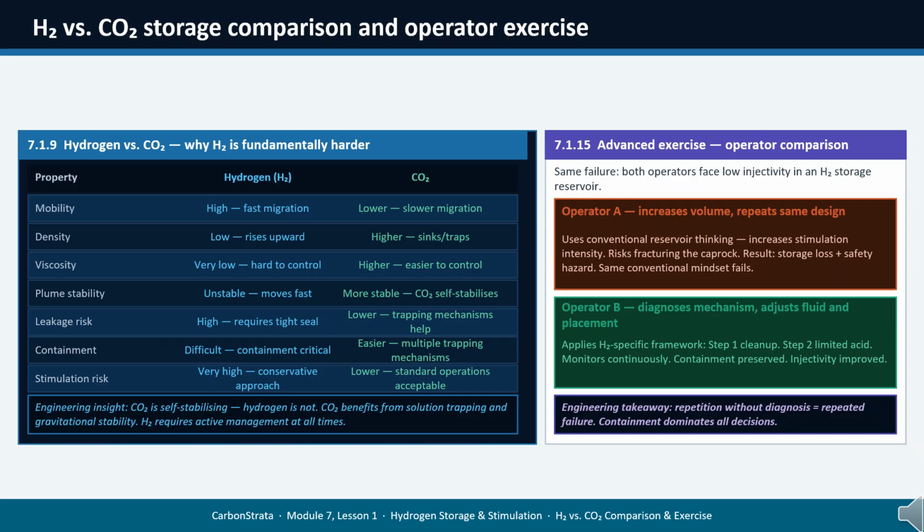It is method. One approach increases intensity. The other controls the system. This leads to a final rule. If you repeat a treatment without understanding the cause, you will repeat the failure. Final principle. Containment governs every decision. Once control is lost, performance no longer matters.